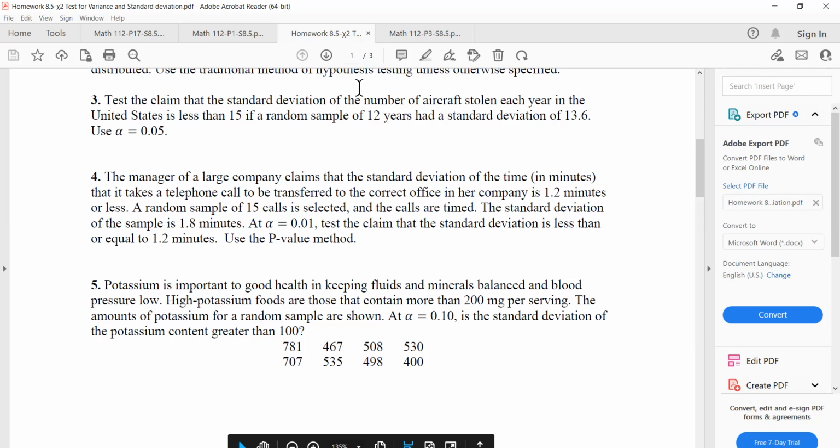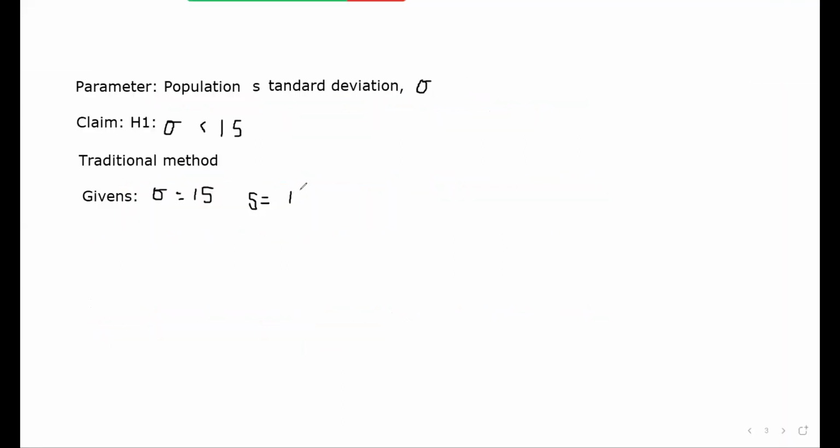So we have 13.6 and N is 12. And our alpha, was it 0.05? I believe so. Alpha is 0.05. Okay. N is 12, which means DF will probably come in handy. In fact, it will. So go ahead and make a note of it right here.